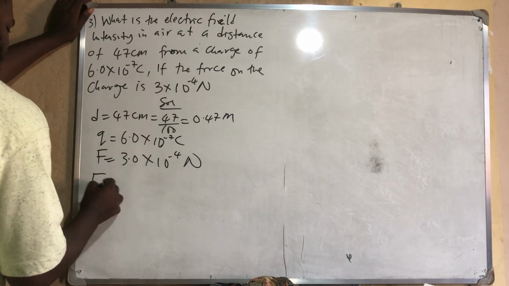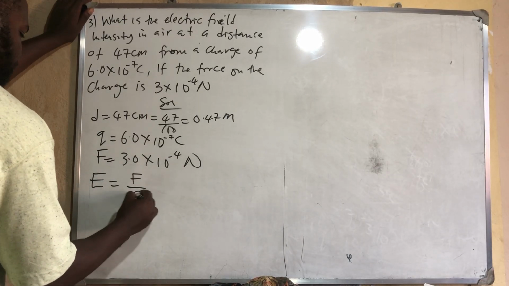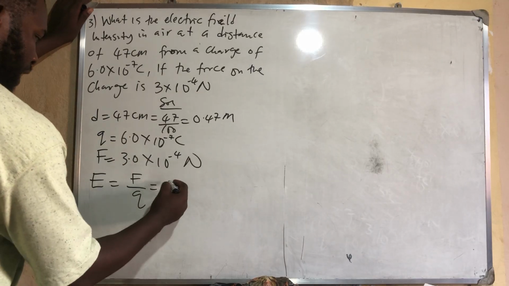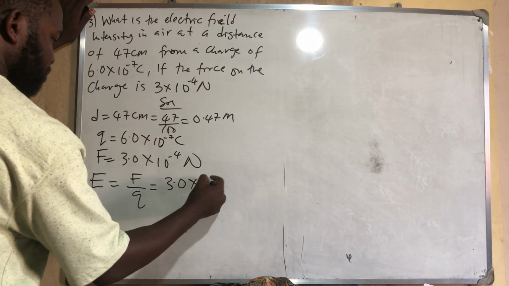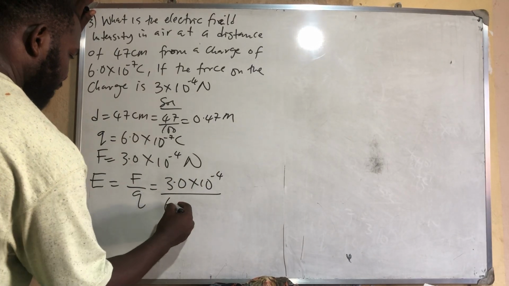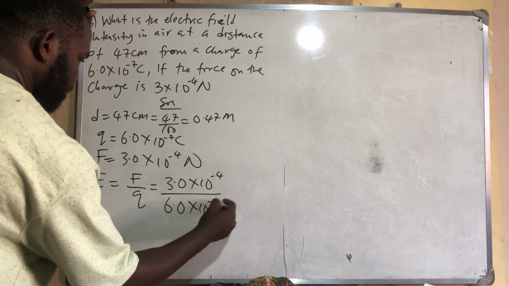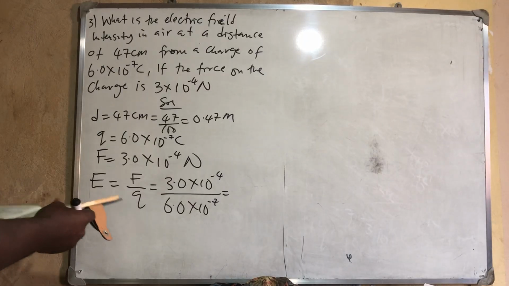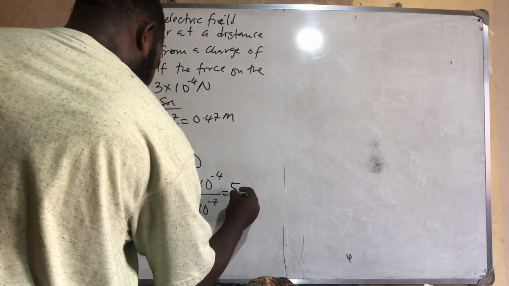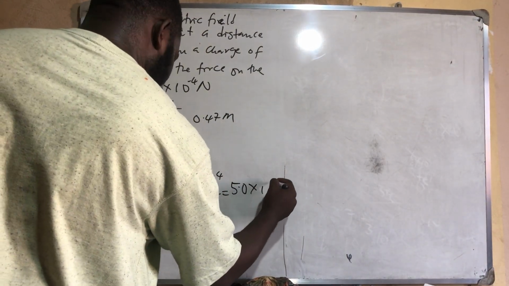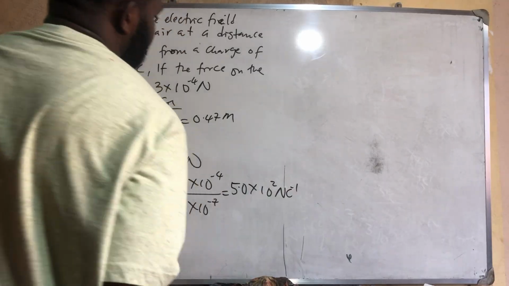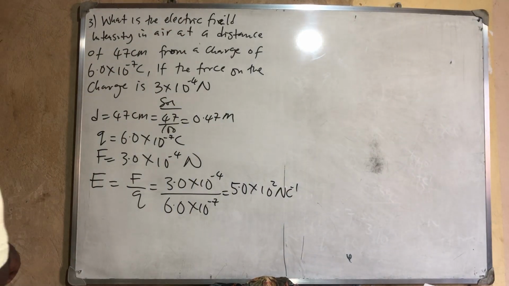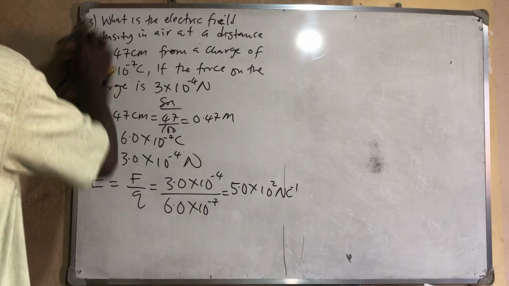But I know that my electric field strength is force over charge, so I don't need the distance. So what do I have? 3.0 times 10 raised power minus 4 divided by 6.0 times 10 raised power minus 7. If you do that, you're going to be having 5.0 times 10 raised power 2 Newton per coulomb. Very, very simple. So we move to the next question.